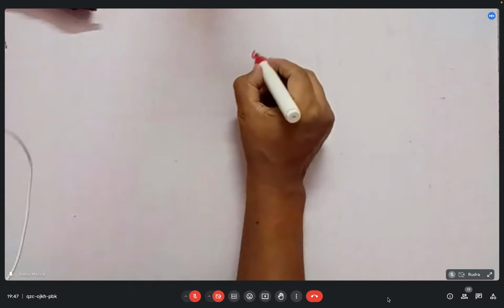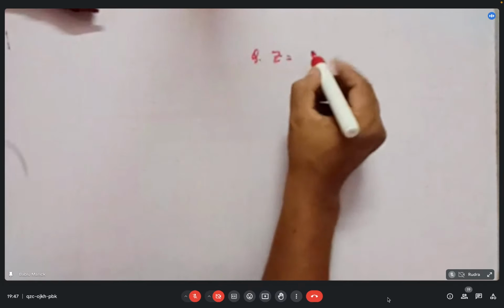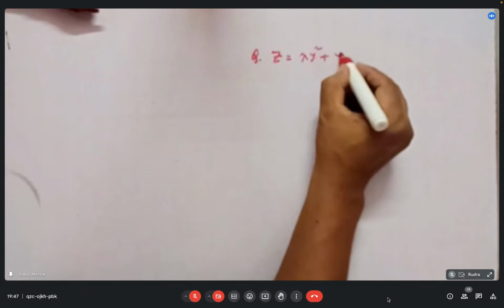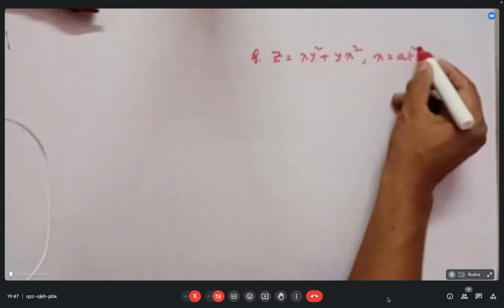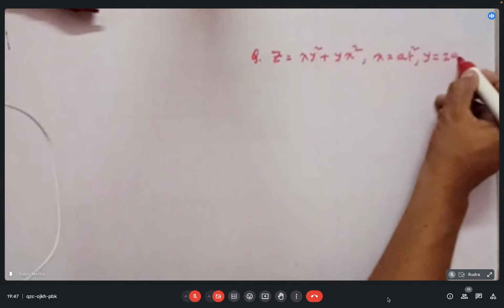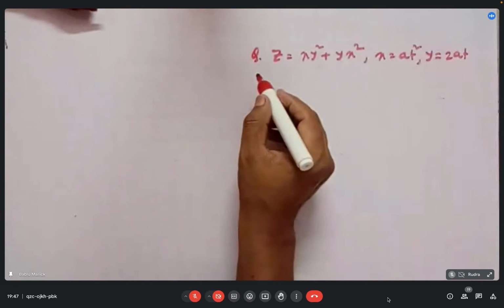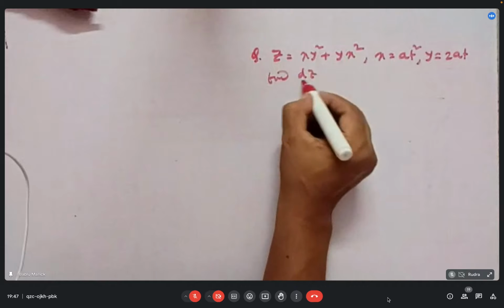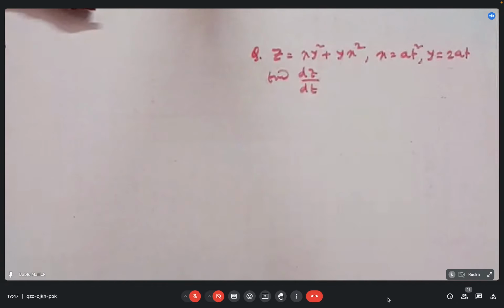If z is equal to x into y square plus y into x square, where x is equal to a t square, y is equal to twice a t, then find dz dt.